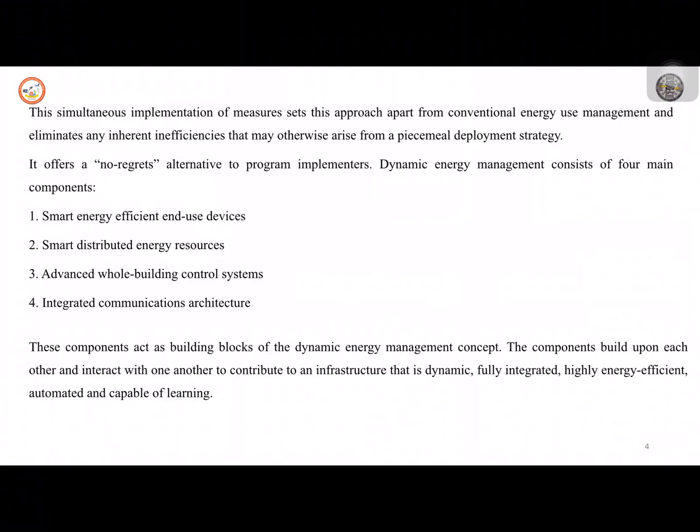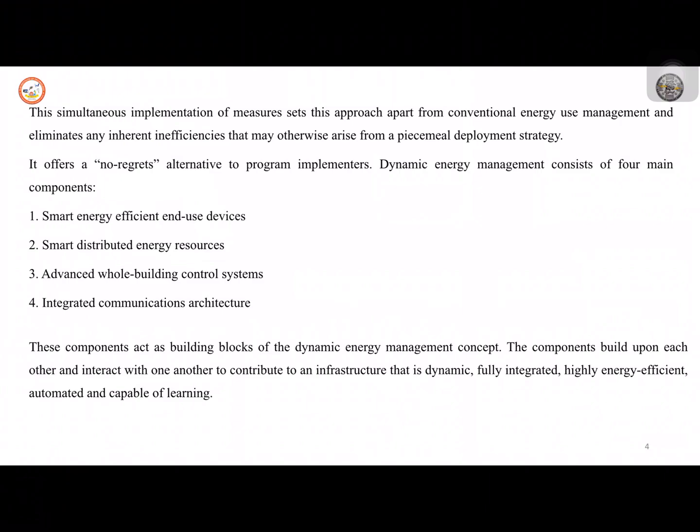The first one is smart energy efficient end-use devices, then smart distributed energy resources, advanced whole building control systems, and integrated communications architecture. These components act as building blocks of the dynamic energy management concept.